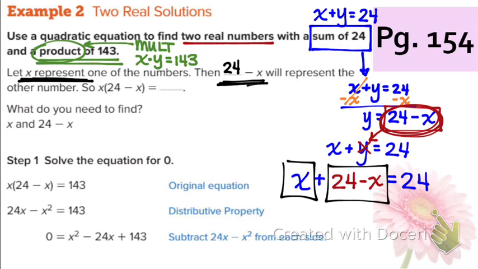What does product mean again? Multiplication. So if this is one number, x, and the other number is 24 minus x, when I multiply these 2 mystery numbers together, it's supposed to come out to what? 143. Yep, we're substituting. I want the product, when I multiply these things together, to come out to be 143.